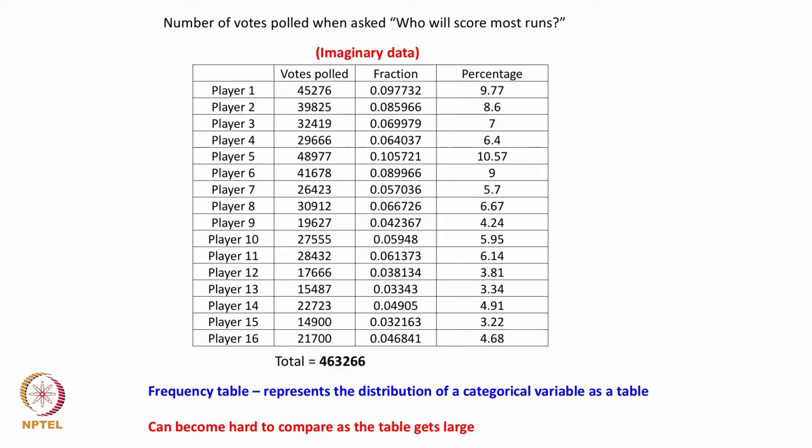Now this is one way of presenting categorical data, saying these are the cases and this is the data. The advantage of this frequency table is that we are able to present all the data that we wish to present, but the disadvantage is that this table can become large as the number of cases becomes large.